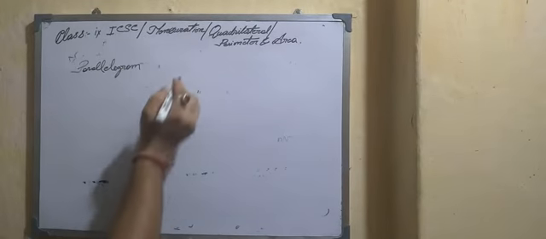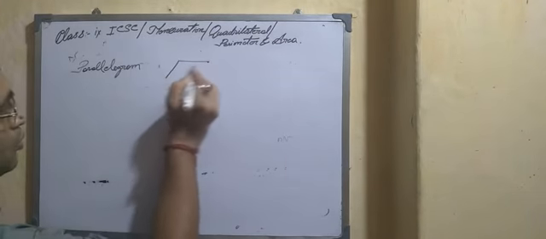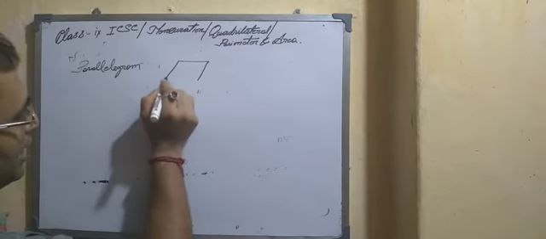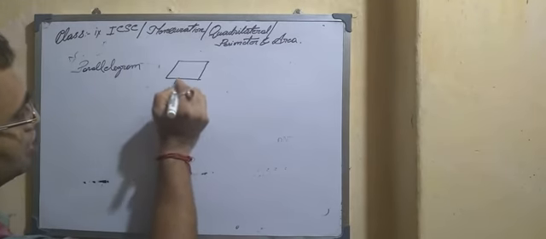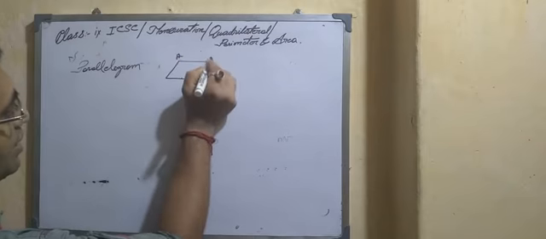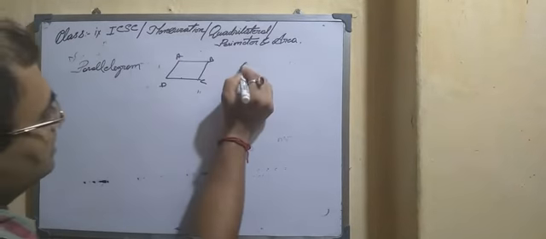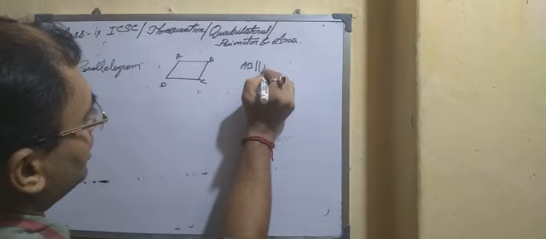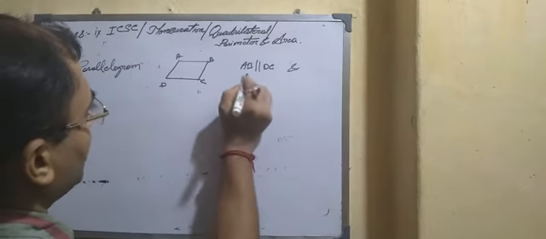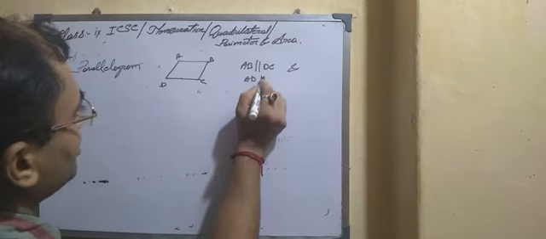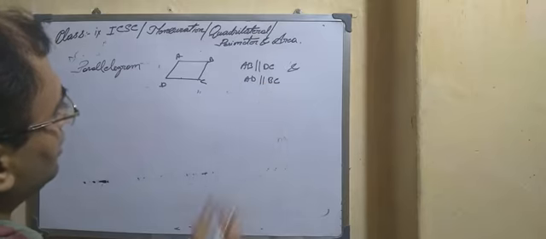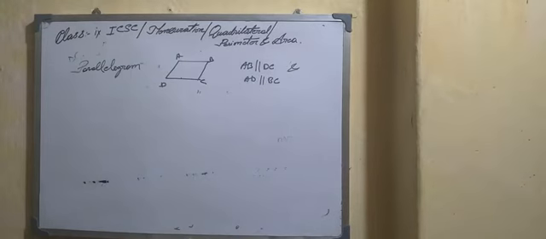Parallelogram means opposite sides are parallel. That means if the name is A, B, C, D, that means AB parallel DC and AD parallel BC. Okay.